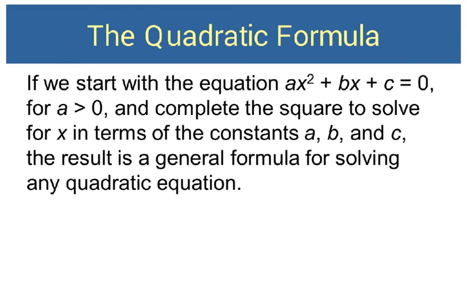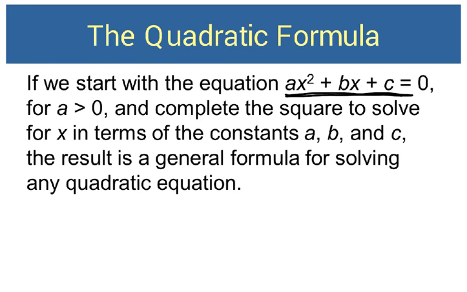Alright, quadratic formula. Y'all may like this one a little bit better. But believe it or not, the quadratic formula that you will see on the next slide comes from completing the square from this equation right here. Ax squared plus bx plus c equal to 0.